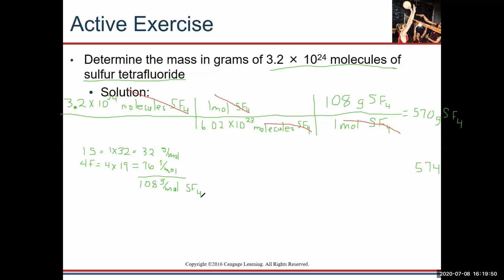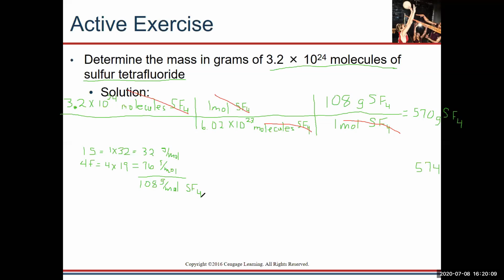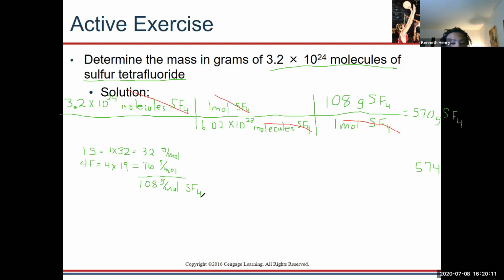And then I'm timesing the 6.02 EE23. You're dividing it, right? Because it's at the bottom. I'm messing up. Okay. Got it. Okay. Did you get it? Yes. Okay, I divided.